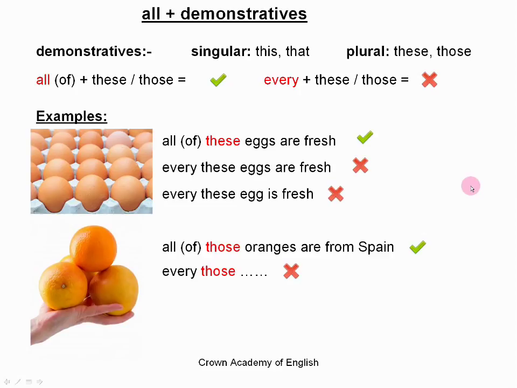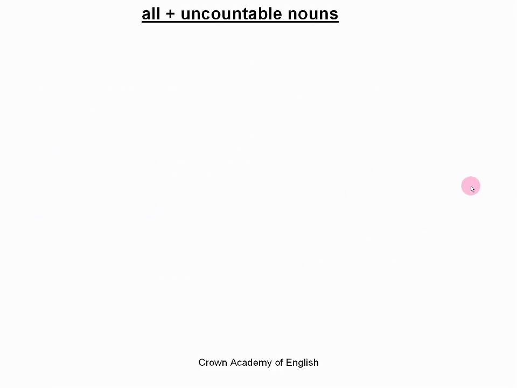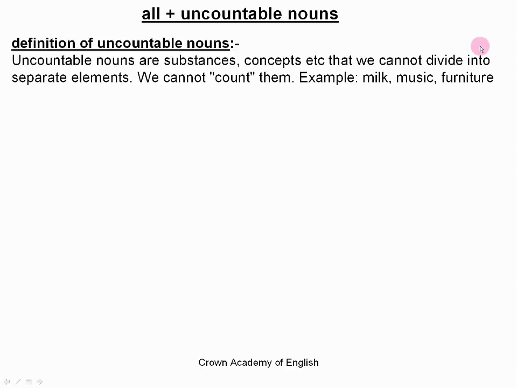All plus an uncountable noun. Well, what is an uncountable noun? The definition looks complicated, but it is actually quite simple. An uncountable noun is something that we cannot separate into different parts. We cannot count them. And the best is if I give you an example.